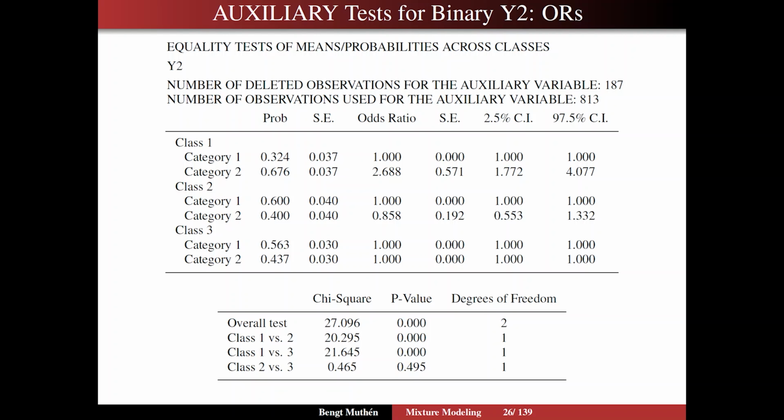The confidence interval covers 1. And this is also seen in the chi-square test section at the bottom when we test differences in probabilities. We have an overall test, but we were looking at the class-specific test and we see the significance here, but not for class 2 versus class 3. Degrees of freedom is 1 for those class-specific comparisons.